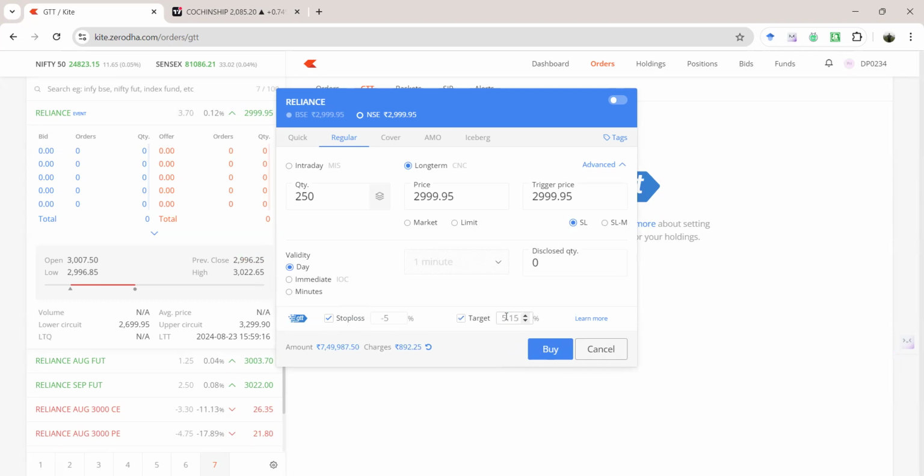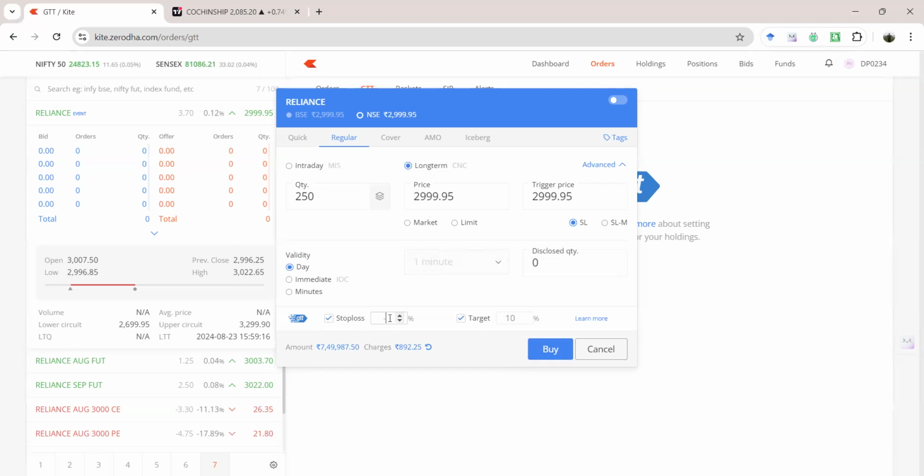Yes, that you can do. Madam is asking that how can she do this? So this is the answer to your question. You can place all the orders immediately, but this is not available for intraday. It is available only for long term. You can place long term stop loss, and you can place target, but it is in percentages. So if you have suppose specific level, you can calculate that level, you can calculate the percentage, and you can enter that percentage here.